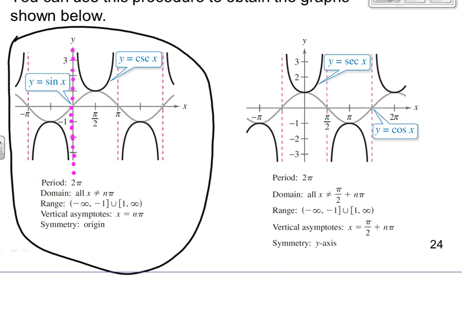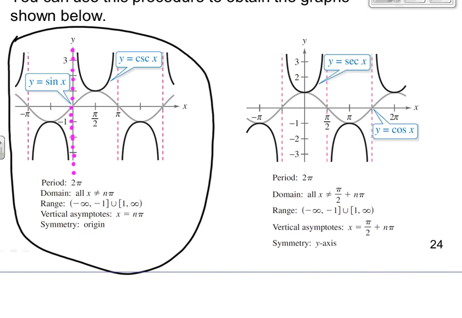And then every pi where sine is equal to 0. So the period is 2 pi. The domain is all x that are real numbers except when x equals n times pi. And the range is from -infinity to -1.